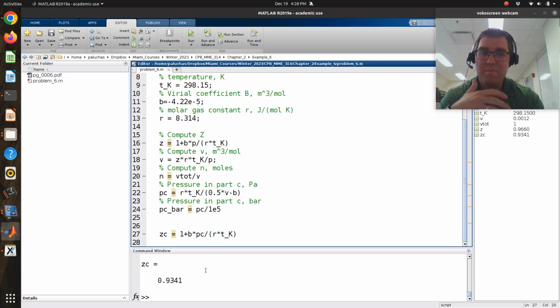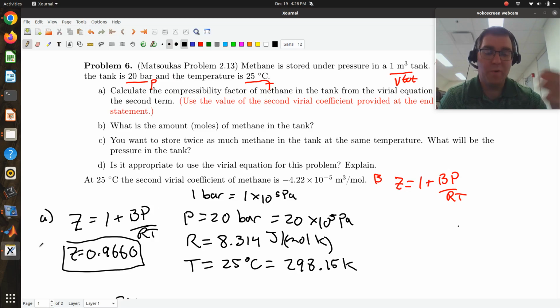So I'm getting further away from an ideal gas. All right, so in A, I'm pretty confident that I'm pretty close to an ideal gas, so the virial equation should be reasonable. In C, I'm not as confident, right? I'm getting further and further away from that ideal gas equation of state, so it's becoming more questionable as to whether or not the virial equation is applicable.